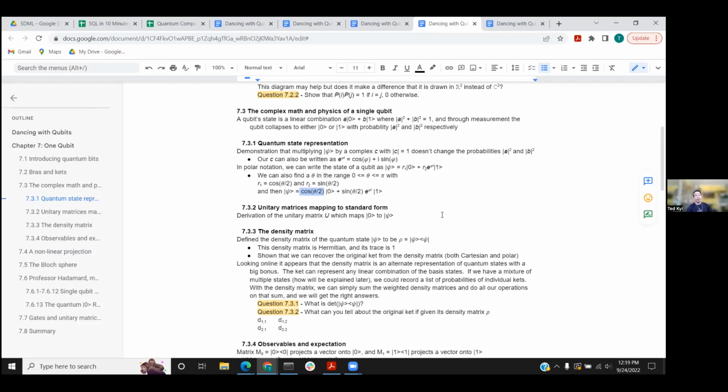Yeah, I understand that it's clearly a rotation. I just can't wrap my head around how you rotate in 4 dimensions. But yes, basically we're rotating it such that we only have a real component on the x-axis, and that's this R1, otherwise known as cosine of theta over 2, a positive real number between 0 and 1.